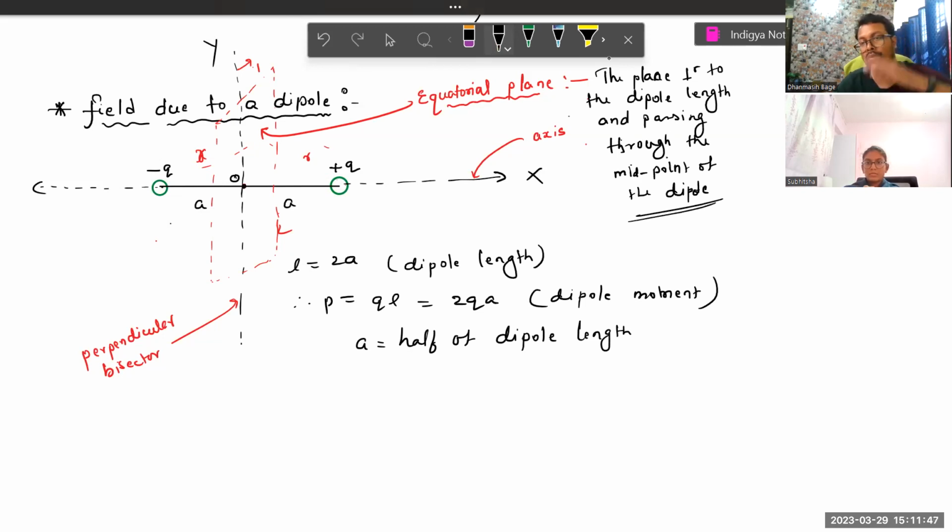Clear? That plane is called the equatorial plane.